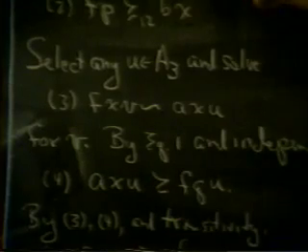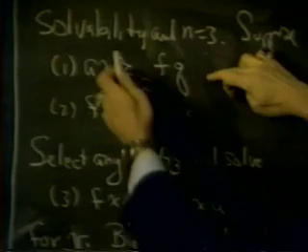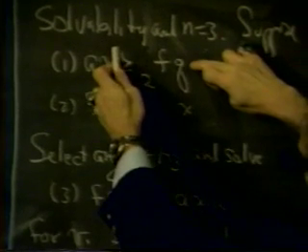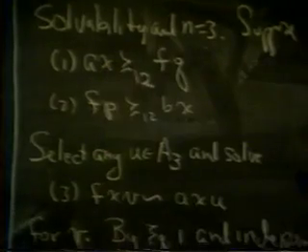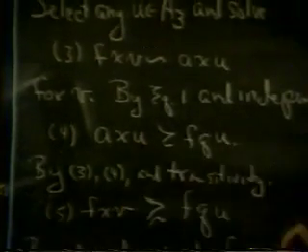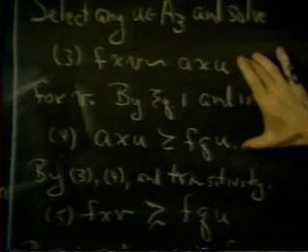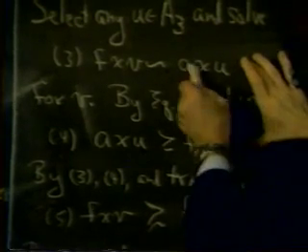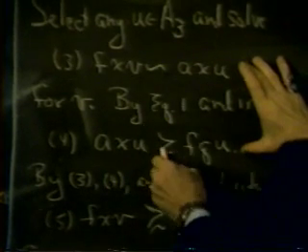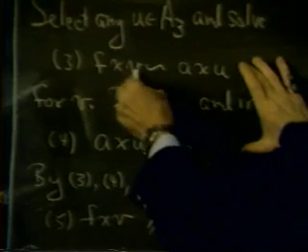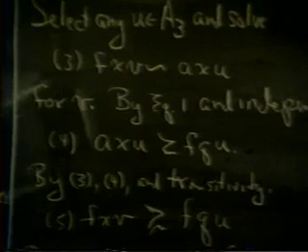By equation 1 and independence, I can put the same element on both sides of this inequality, and it'll hold in the three-dimensional case. In particular, let me put U there. That gives me equation 4. Now, combine equations 3 and 4. You see that this term and this term are identical. Therefore, by the transitivity of the ordering, you get FXV greater than or equal to FQU in this equation.